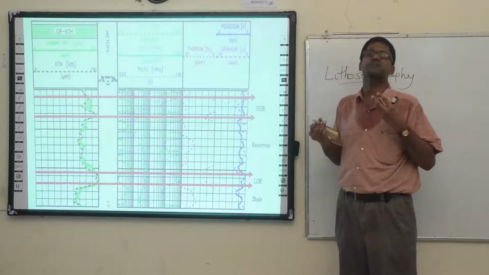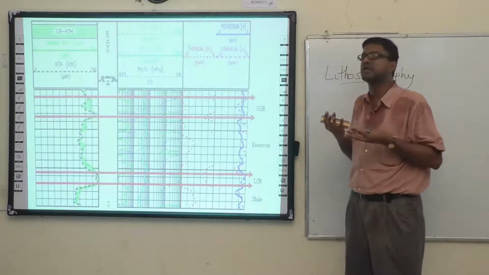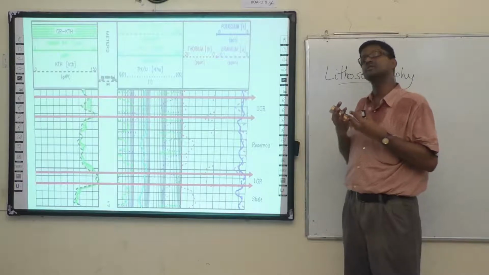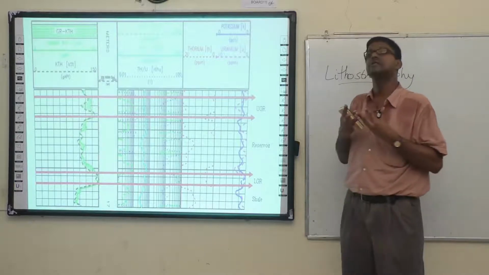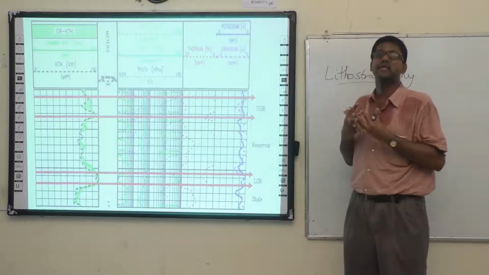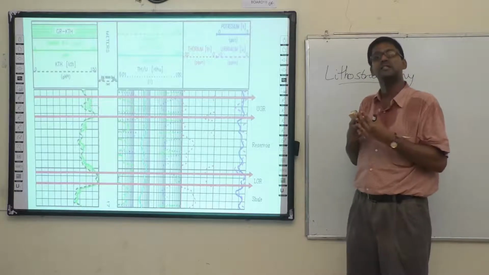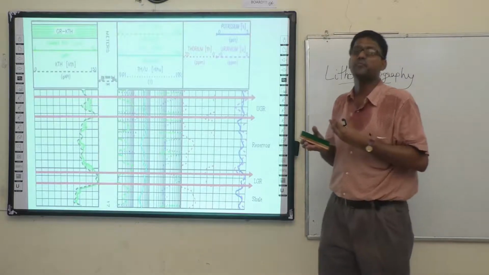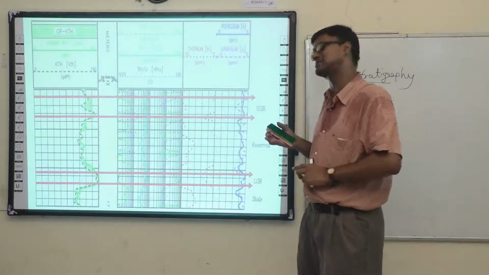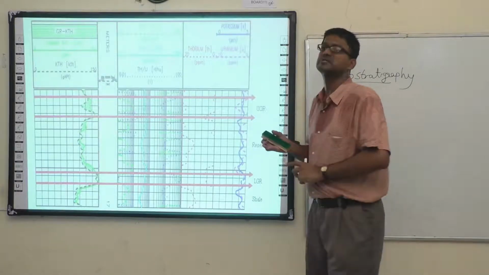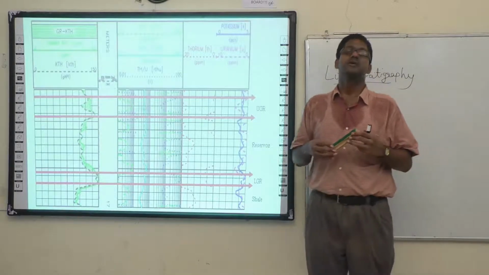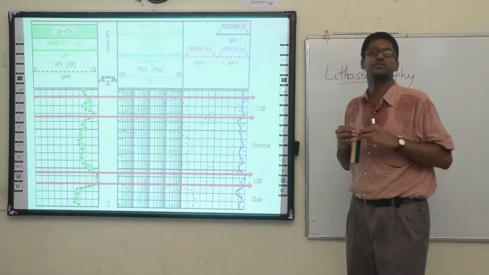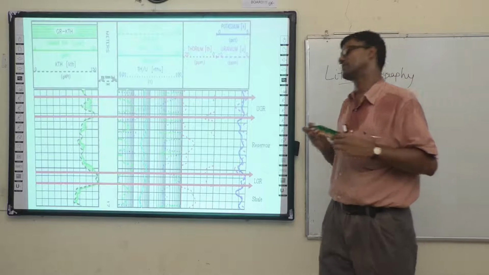So at the bottom we have basement, then we have Satapadi shale, then Bhuvanagiri, then Kudavasal, then Nandilam. Nandilam and Bhuvanagiri are basically the pay sands in the Ramnath sub-basin. That is, Nandilam is basically sand and Bhuvanagiri also is basically sandstone.